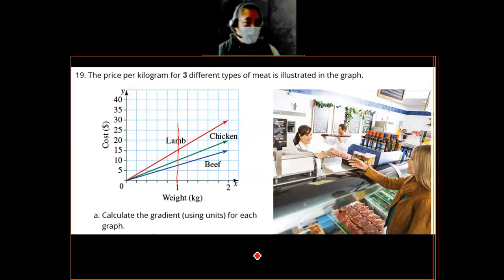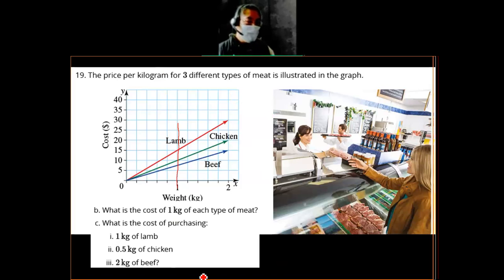And then from that, let's look at the extension question, which is this one. By choosing the gradient, I'll actually answer question B. What is the cost of 1 kilogram for each type of meat? But now, what is the cost of purchasing 1 kilogram of lamb? I think that's the easiest question, because it's straight away 15.